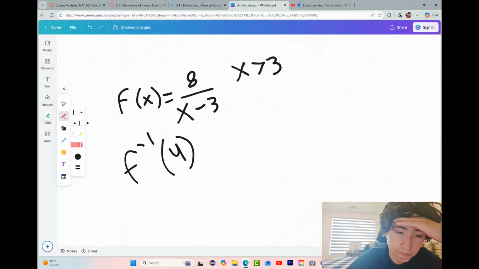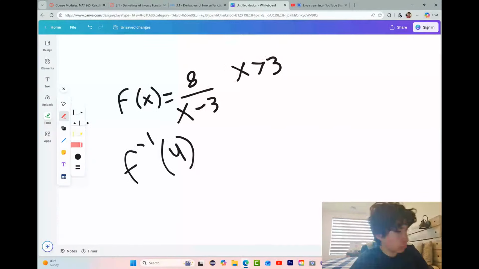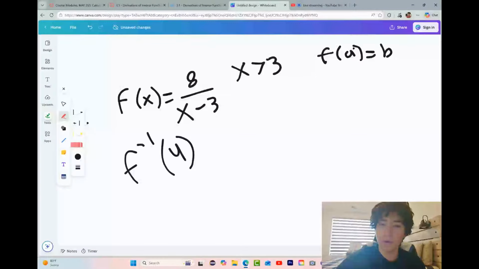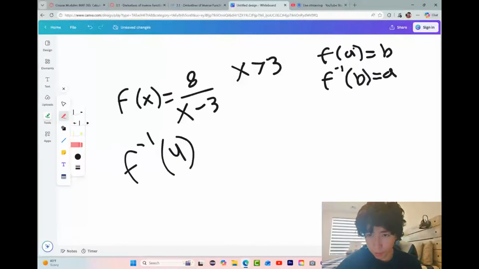Gotcha. Okay. So let's see. What did we learn? It implies that the input of the original function is going to be the output of the inverse function.